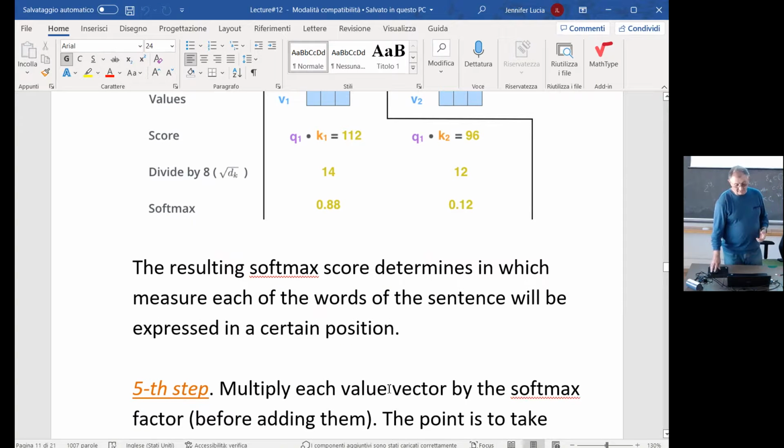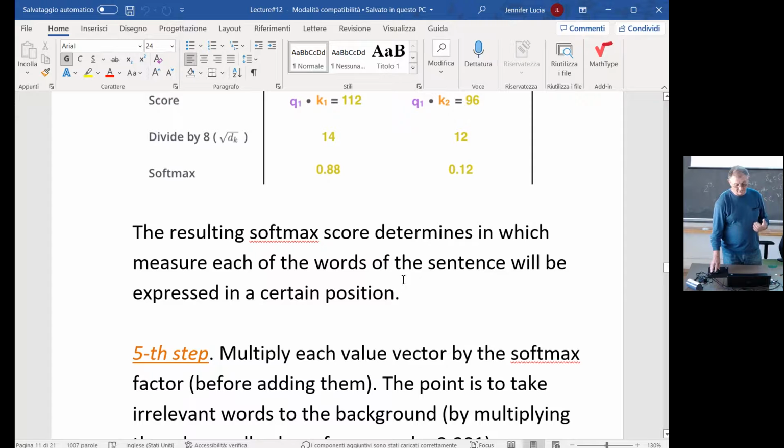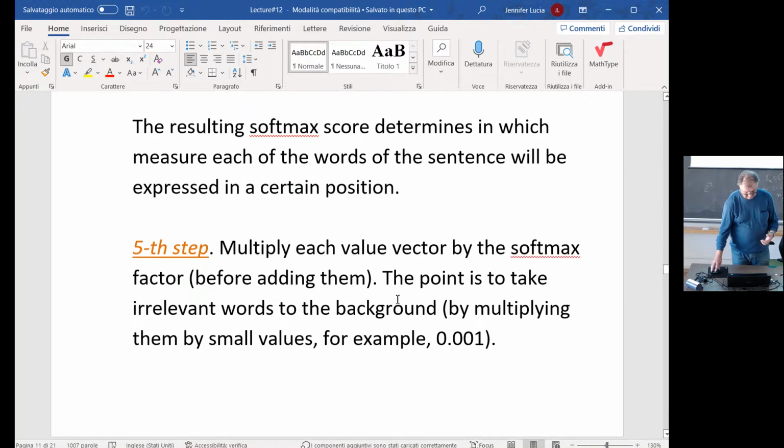The softmax score determines the measure in which each of the words will be expressed in a certain position. Of course, we should express the position in the phrase, because the grammatical sense is very important.